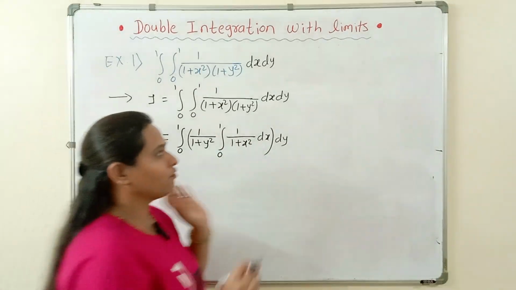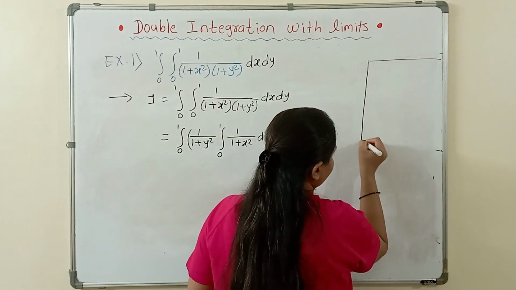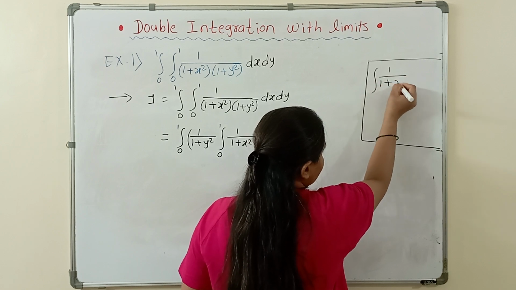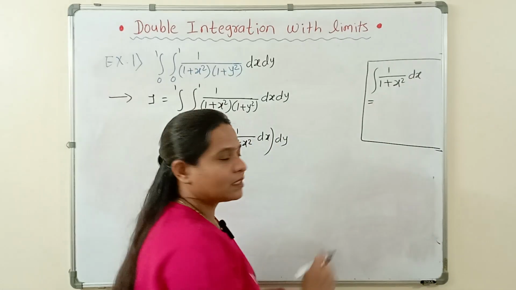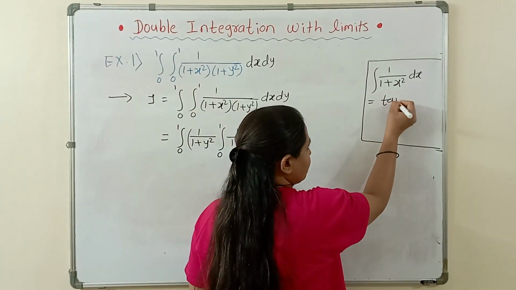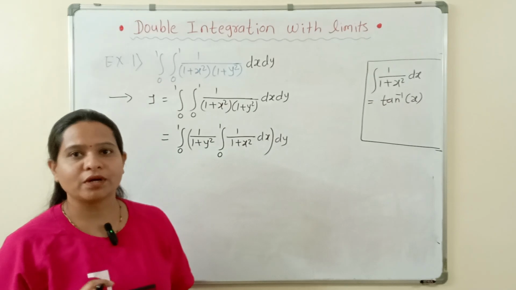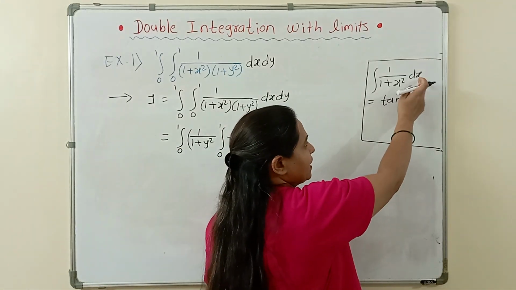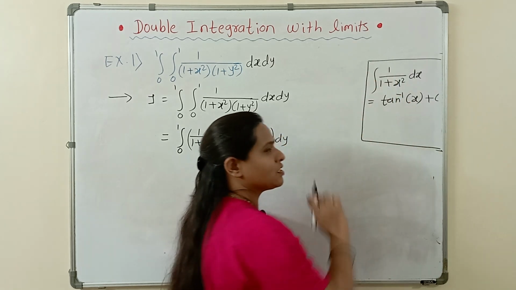So let us recall one formula. The integration of 1 upon 1 plus x square dx is tan inverse of x. This is an important formula: the integration of 1 upon 1 plus x square dx is equal to tan inverse of x plus c, since the limits of integration are not given.